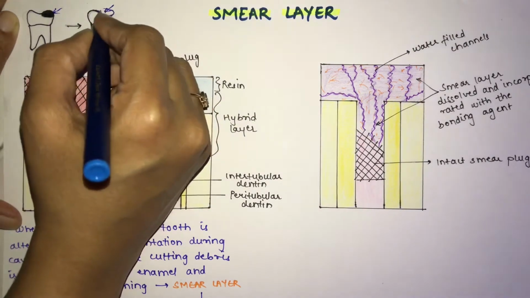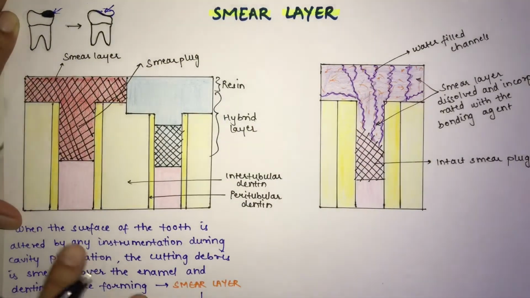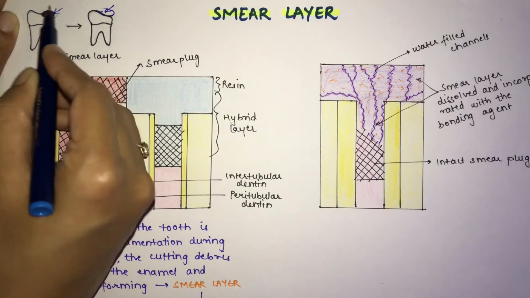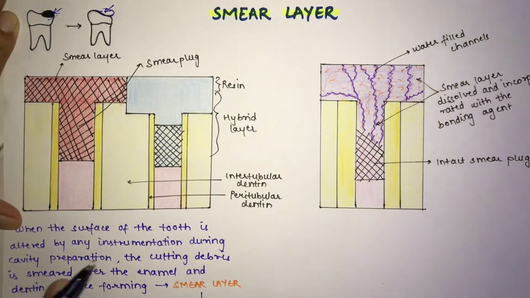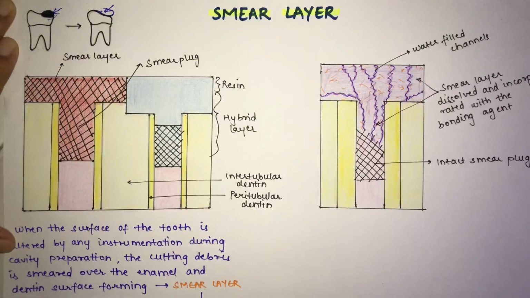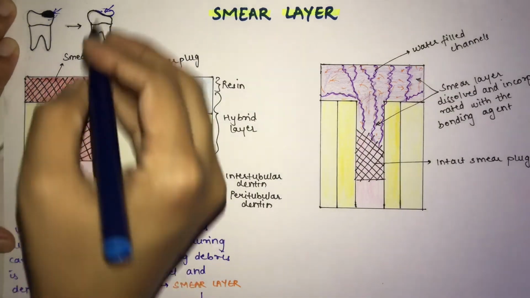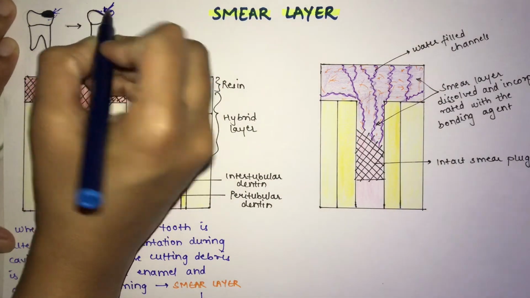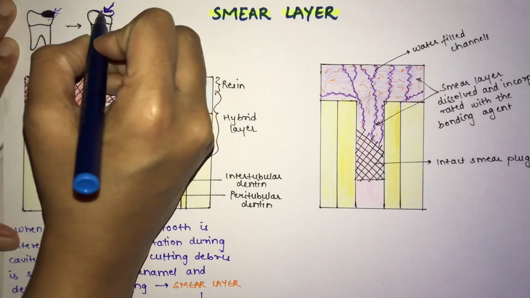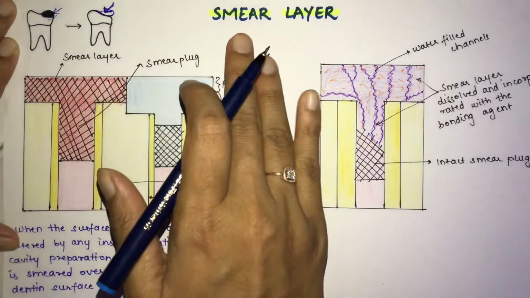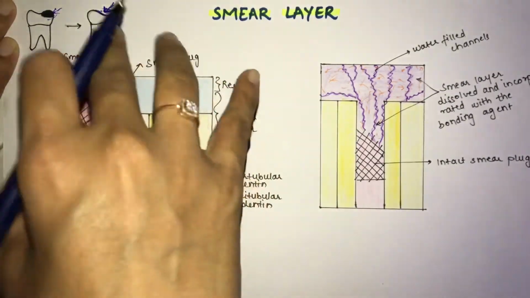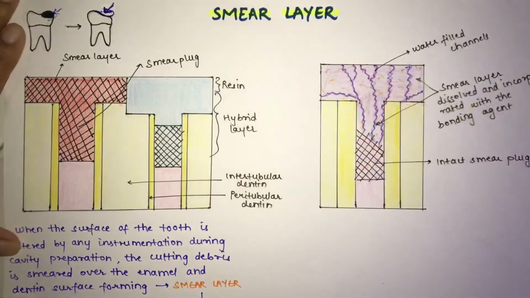At that time, the surface of the tooth is altered, and the cutting debris is smeared over the enamel and even the dentin surface, and that is nothing but your smear layer.